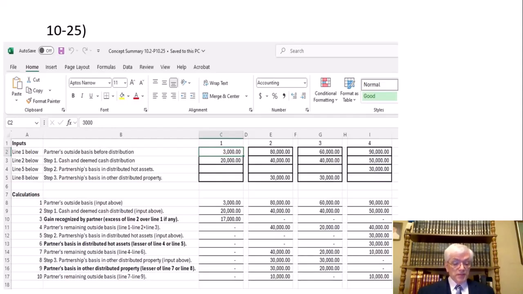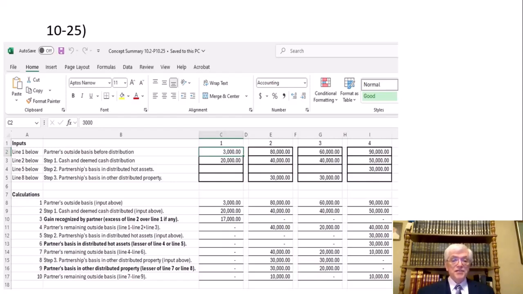In situation 1, Kim received $20,000 cash in partial liquidation of her interest in the partnership. Her outside basis for the partnership interest immediately before the distribution is $3,000. So that's column C, partner's outside basis before the distribution is $3,000.